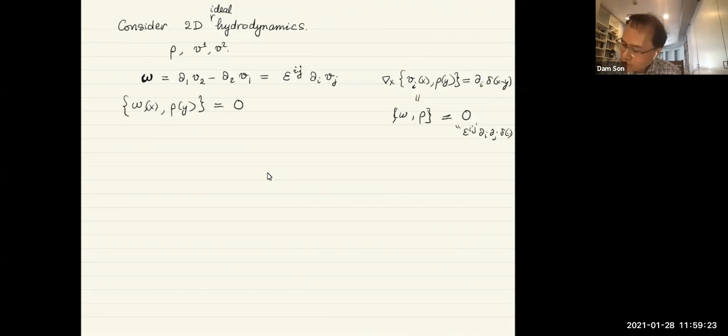Now let's try to compute the commutator of omega with v, because the commutator with rho is already 0. All we need to know is the commutator of omega with pi, right? Pi of x, omega of y, equals what? That's the next thing we need.